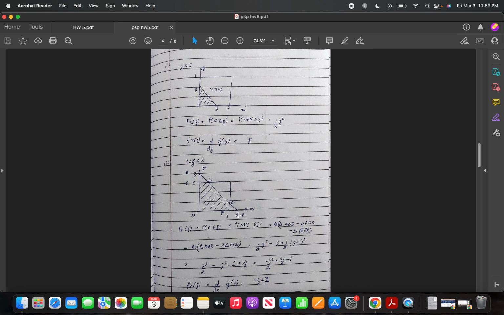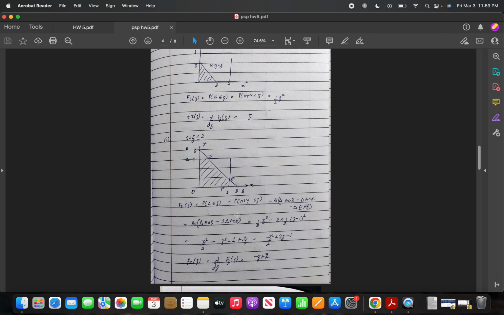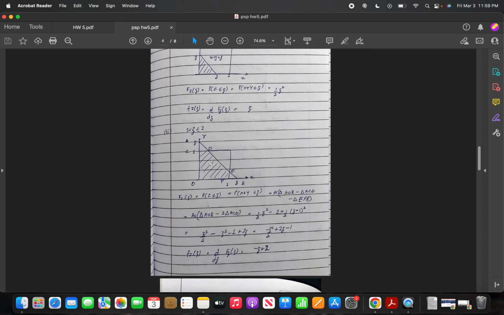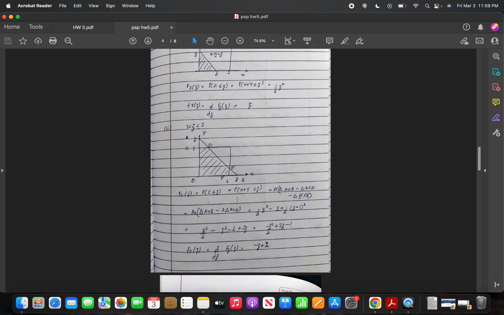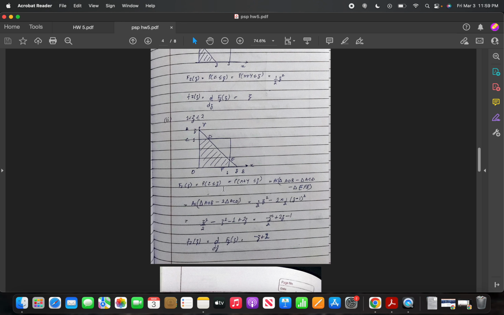Now when Z is from 1 to 2, the graph will look somewhat like this, where we can see that Z is greater than 1, but it will be less than 2. So in that case, we need to find the area of this shaded region to be able to calculate the probability of x plus y less than or equal to Z, which is given by this shaded region.